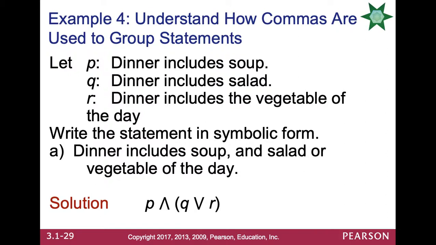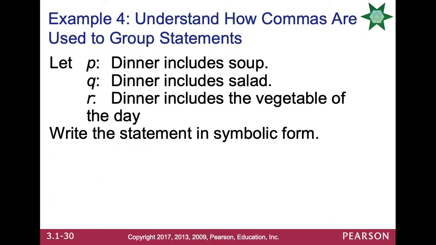So we symbolically write this as P and the grouping Q or R. So there's the representation of this thing. Now it should look very similar to what you did with A intersect Q union R.